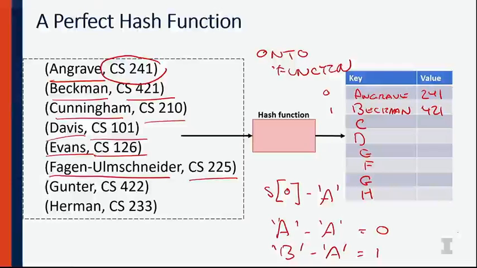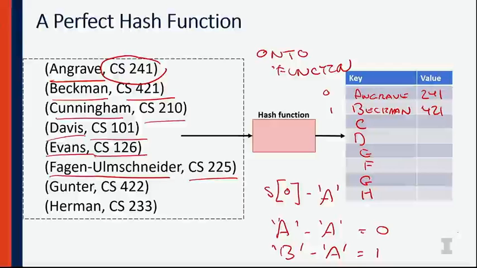In fact, every single element in our array is filled and has a unique mapping back to the original data. This idealized, perfect hash function is something we mathematically call an onto function. Every single element in the array is full, and we can map every single element of our data onto that array. This is an amazing setup, and that's going to be the absolute goal of what we want.